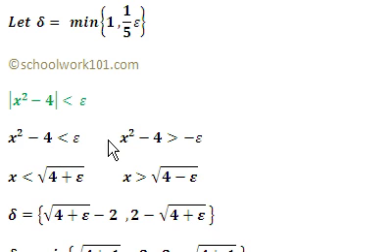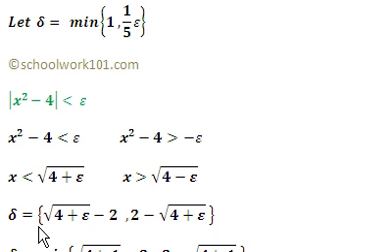Okay. And then bringing the 4 over, and then square rooting both sides. So x must be less than the square root of 4 plus epsilon, and x must be greater than the square root of 4 minus epsilon. Actually, this should be an and statement right here, not an or.